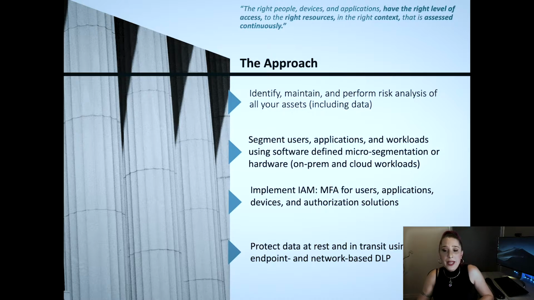Segment your users, applications and workloads using software-defined microsegmentation or hardware on-prem and cloud workloads. Again, we're no longer in the age of castle and moat security architecture, guys. We need to understand that data is everywhere. It's on mobile devices, it's on tablets, it's walking around in public Wi-Fi in hotels, it's in AWS, it's in Azure, it's in Salesforce, it's everywhere.